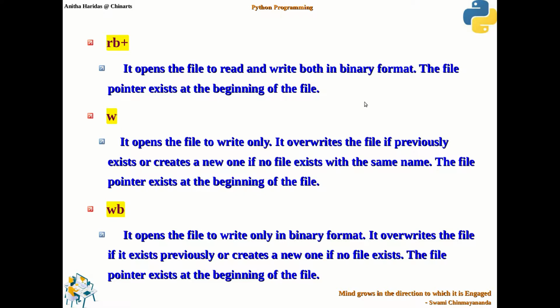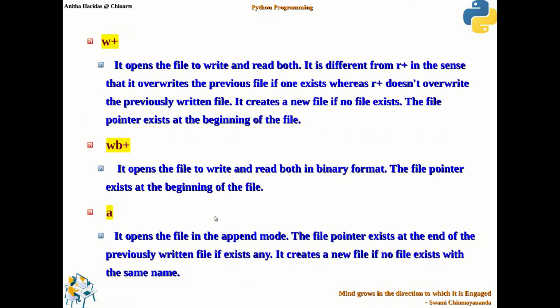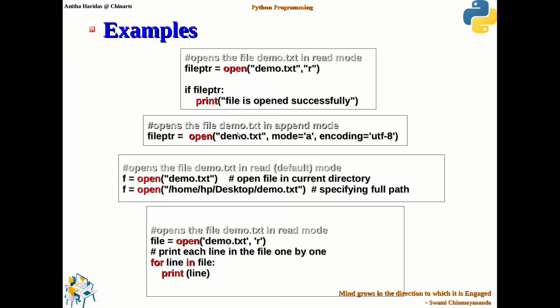In all these open access modes, you could see the file pointer exists at the beginning of the file. Whenever you open a file, the file pointer will be at the beginning of the file.